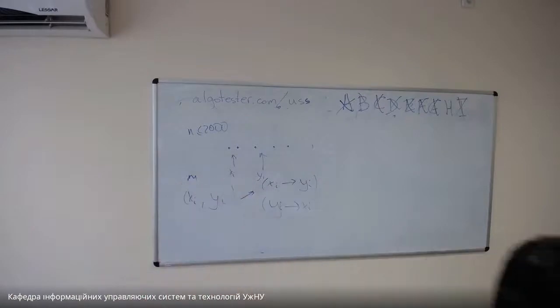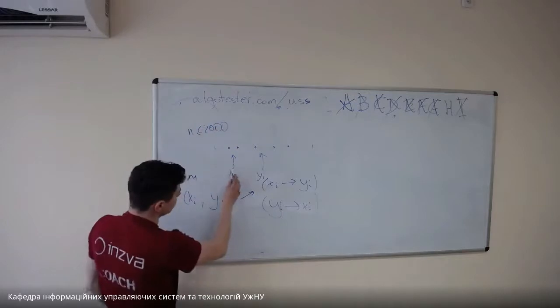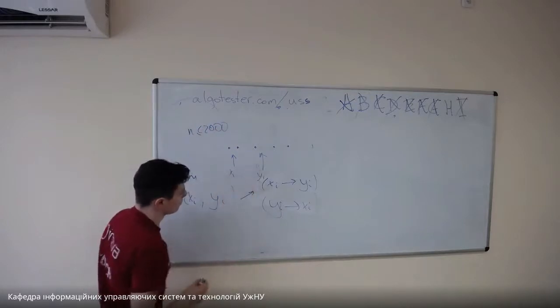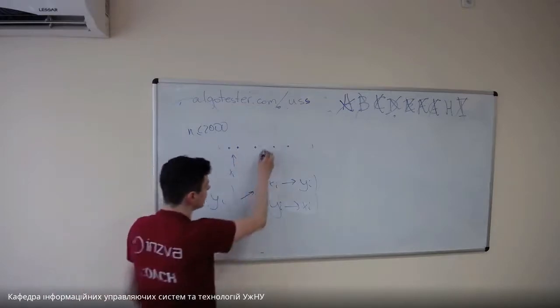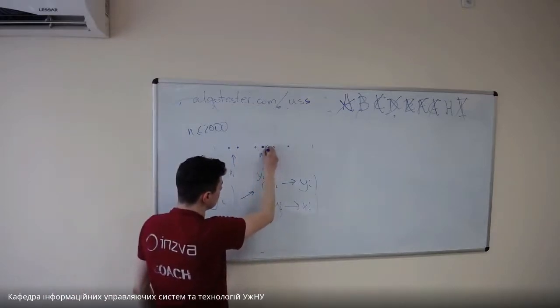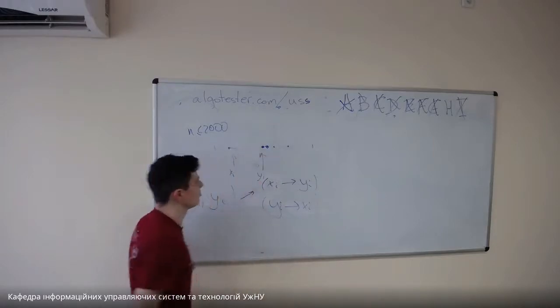So basically for this picture, it will go from here to yi and push those two balls here. So they will now be placed here and here. Pretty much like that.